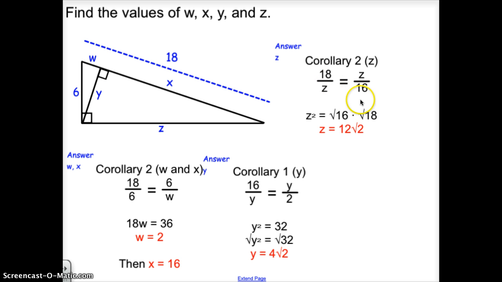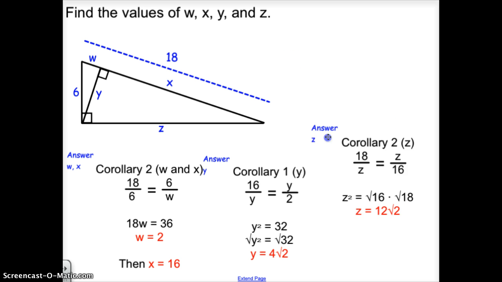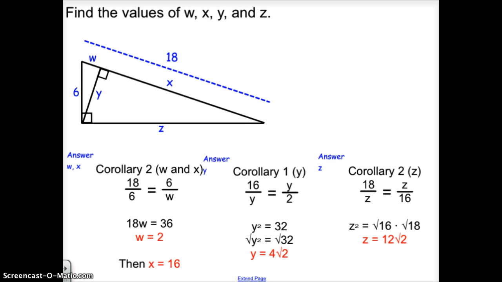Therefore, when you cross multiply, you have Z squared equaling 16 times 18. Before even multiplying those, you can pull out the factors of 4 as a perfect square here and 9 as a perfect square here. 4 times 3, which is the square root of 9, would be 12, and the remaining radical would just be 2, from 9 times 2 is 18. There are your solutions for X, Y, and Z, as well as W.